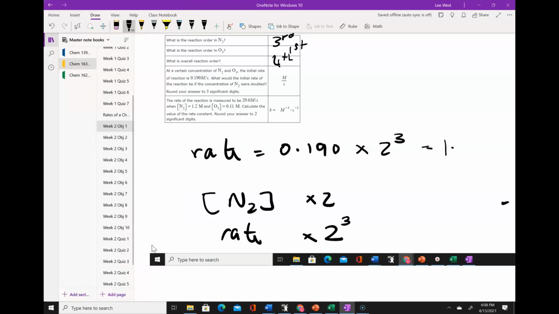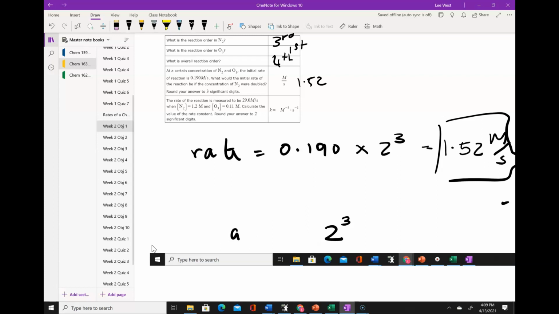And that's going to be 3 sig figs. 1.52 molarity per second is our new rate. Okay, so we got that one done, 1.52, and it went up. And that makes sense. You doubled the concentration of N2, and the rate went up, as it should do. Okay. What about the next one?